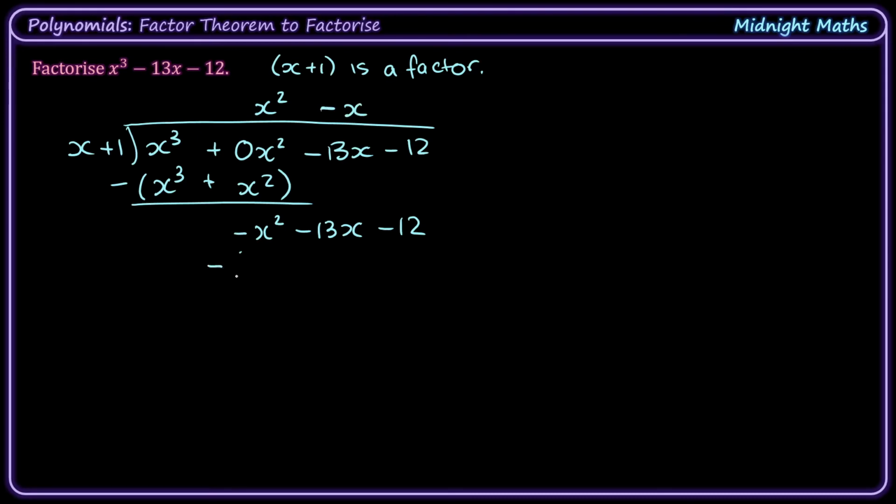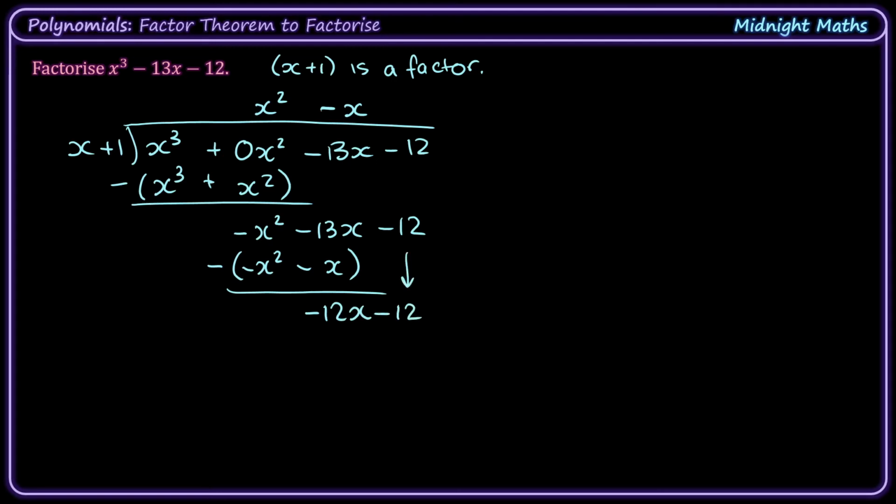Now subtracting, minus x times x is minus x squared. Minus x times 1 is minus x. Subtracting those, but this will end up being adding, so minus 13x plus x is minus 12x, minus 12 from there.